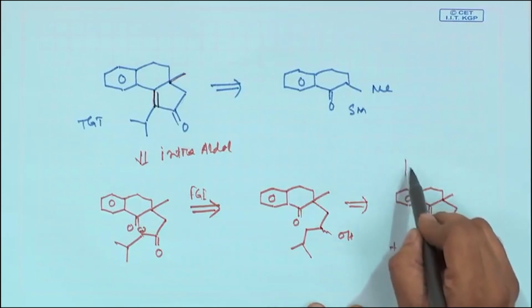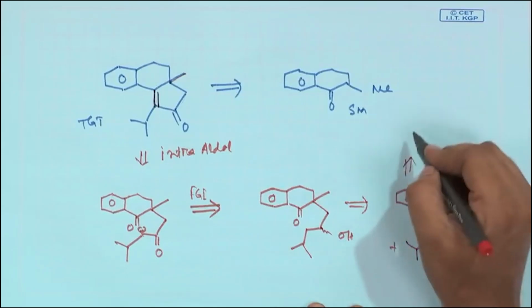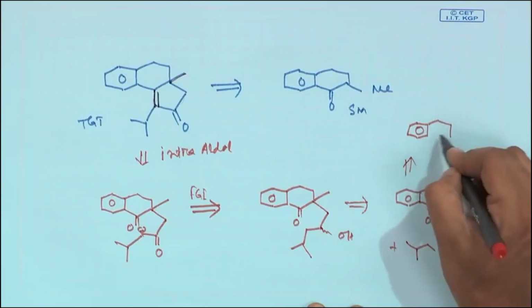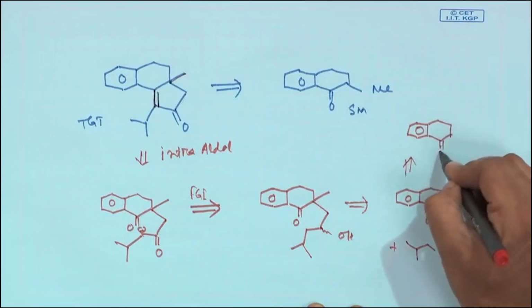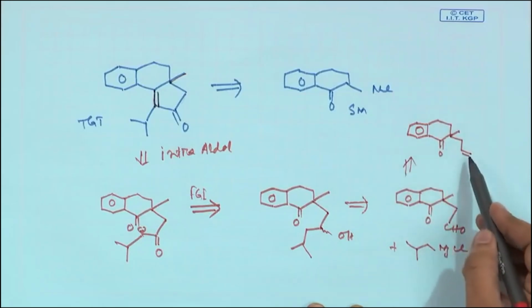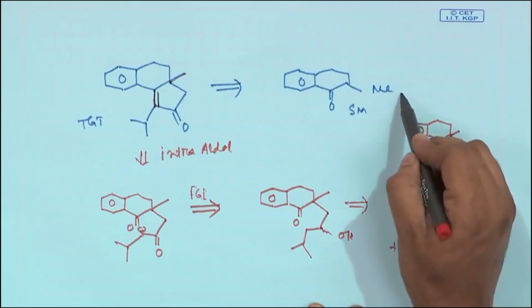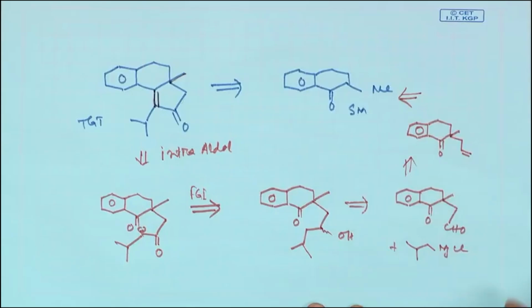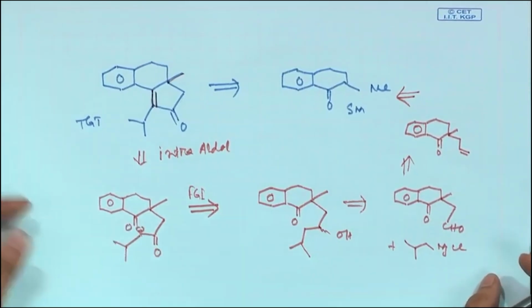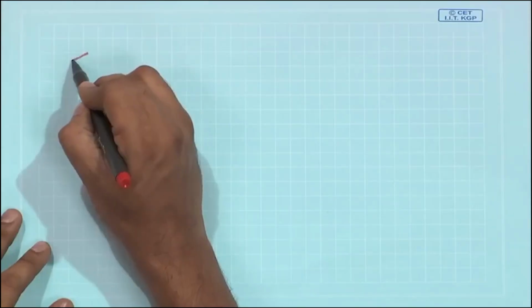Now, from this to this, I say you can now come very close to this starting material. If you have a compound like this, you can chop it through ozonolysis, and then it can be made simply by an electrophilic alkylation.